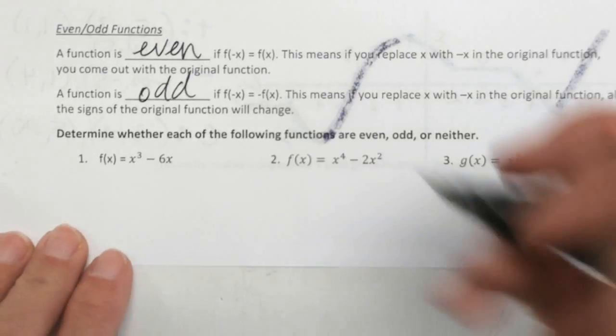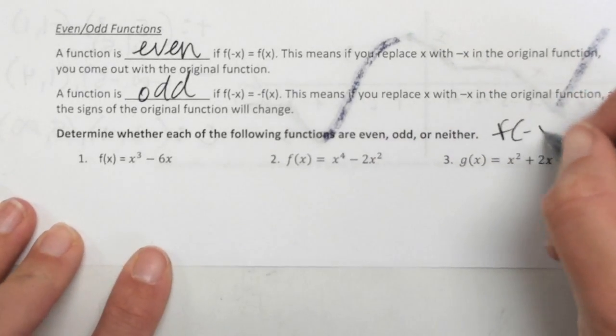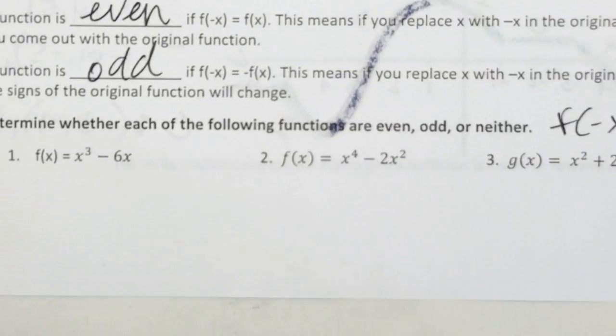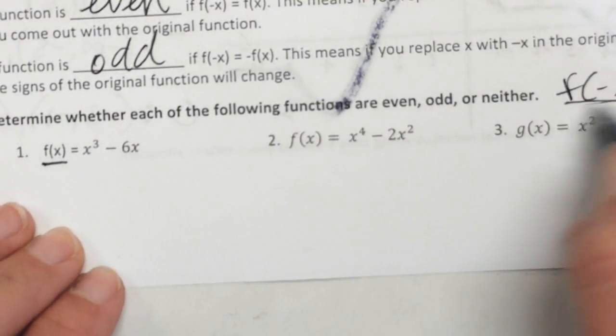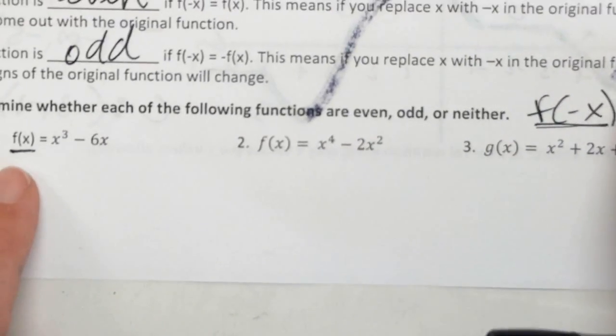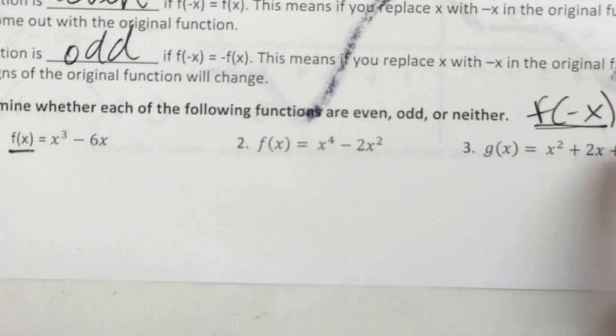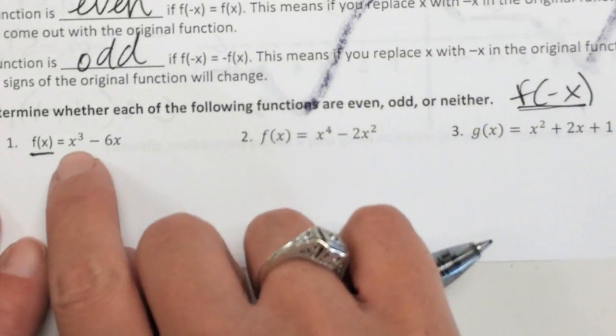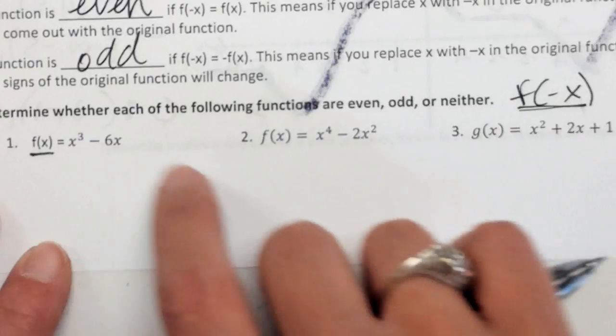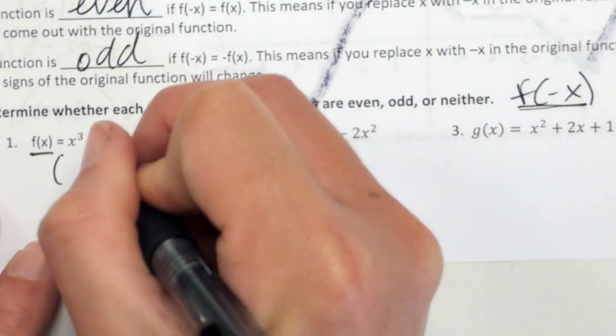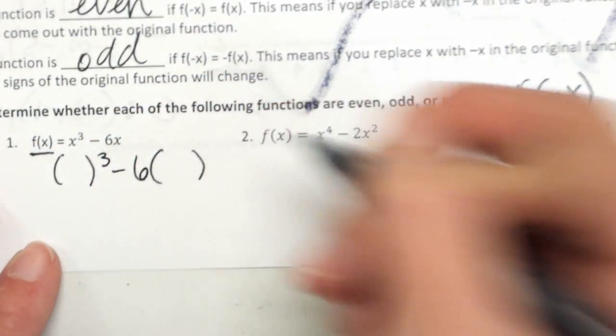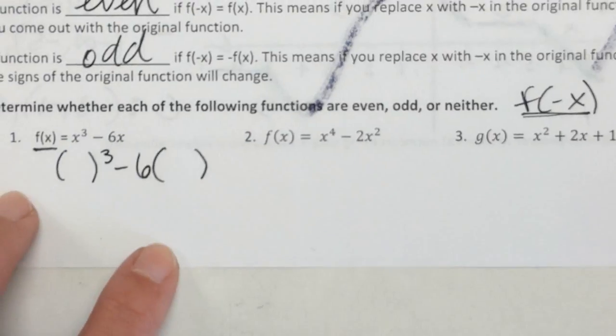So for each one of these, we're finding f of negative x. What is the difference between f of negative x and f of x? Good. So they want us to change this all to negative x's. So let's rewrite this whole equation, except put parentheses instead of x's.